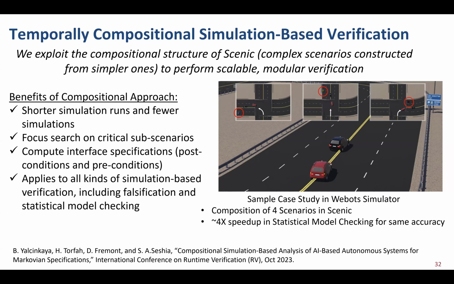And there we had this scenario, which, unfortunately, I have the image but not the video. This is a scenario that we constructed in the Webots simulator, where there is, as you can see up here on the top, a four-way intersection. And what you're seeing in the big picture is a maroon car that's following a black car.